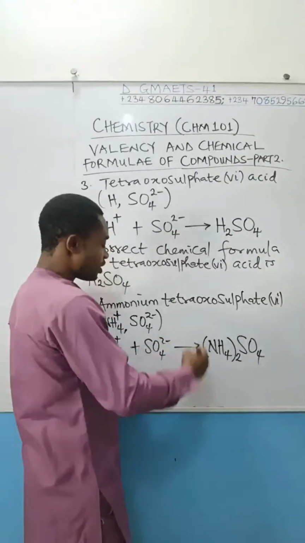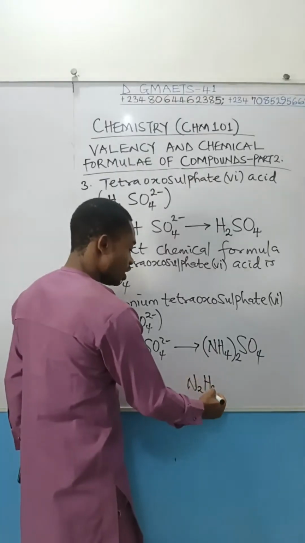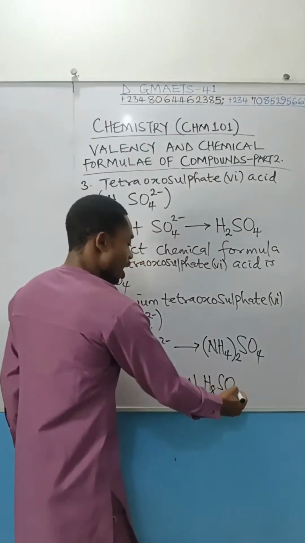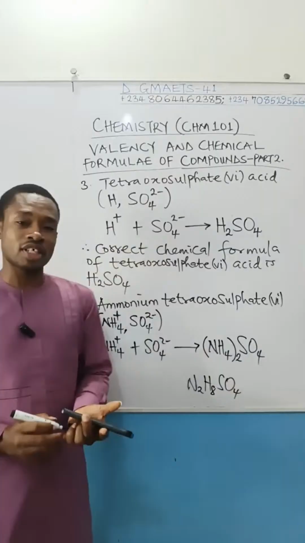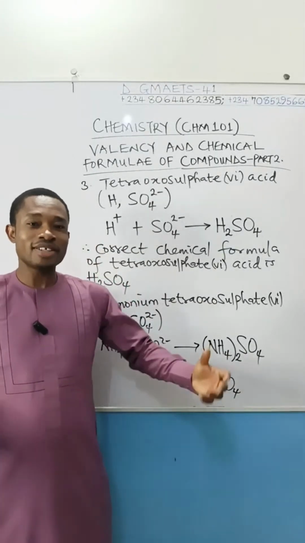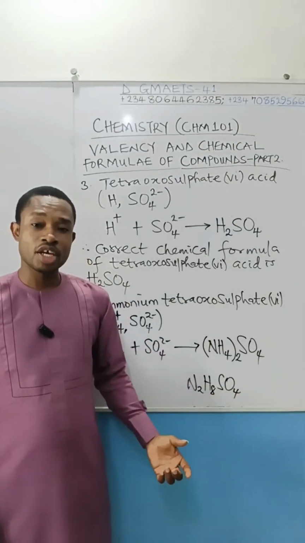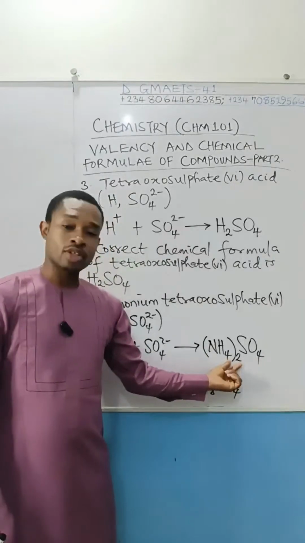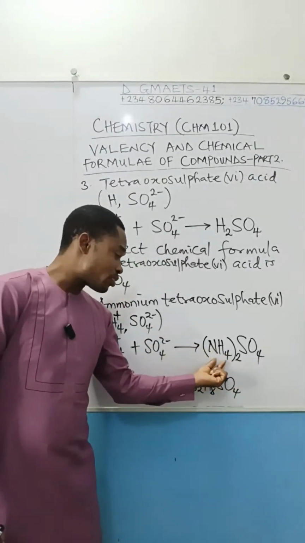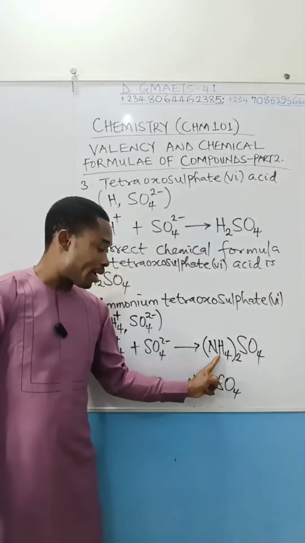Now, dear friends, just imagine somebody gives you N2H8SO4. Are you aware that this is also ammonium tetraoxosulphate 6? No wonder. How did we get this to be the same as this? It's simple math, multiplication. Simply multiply out the atomicities. Inside this bracket, the atomicity of nitrogen is 1. Are you following?